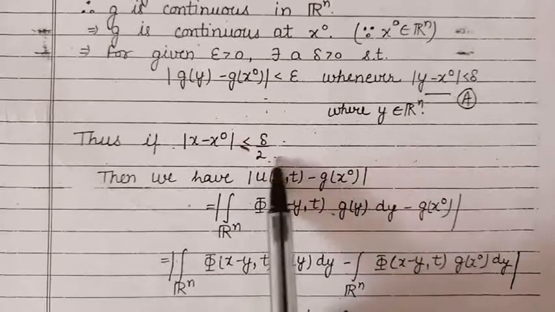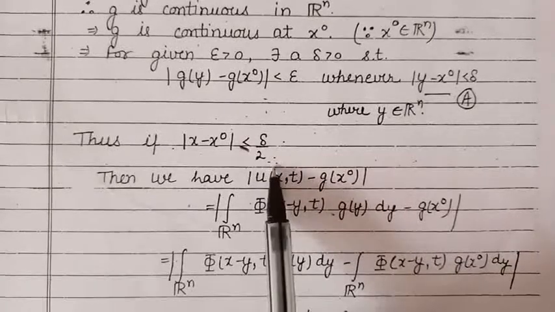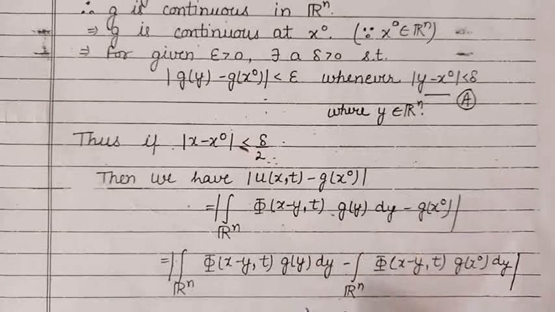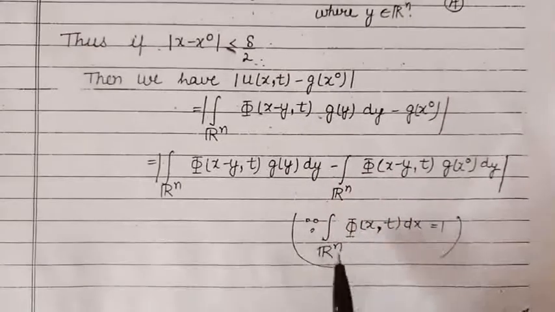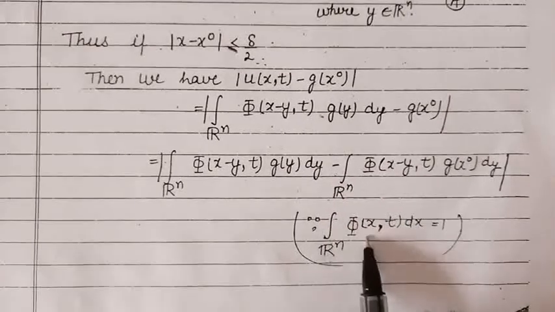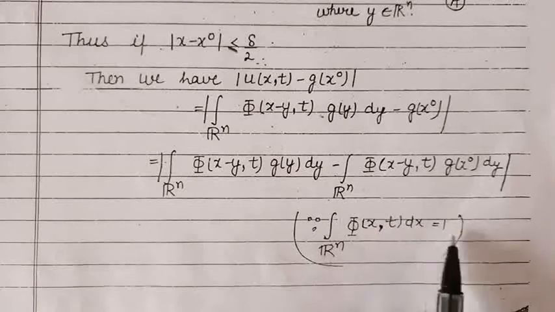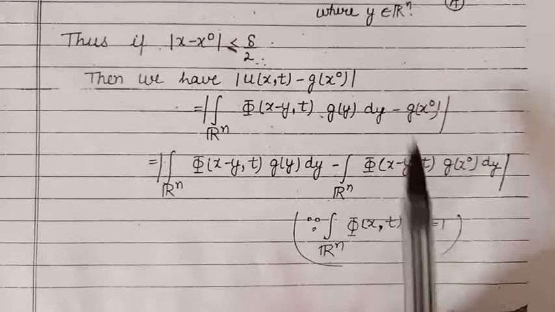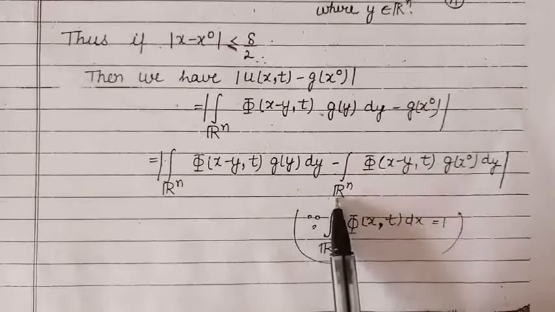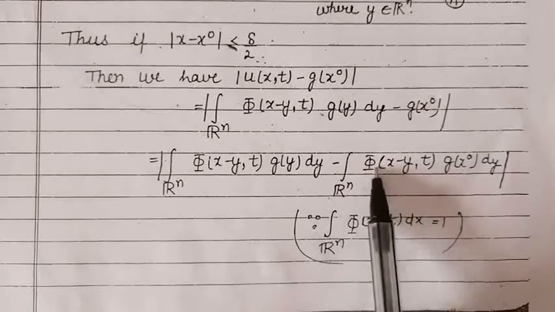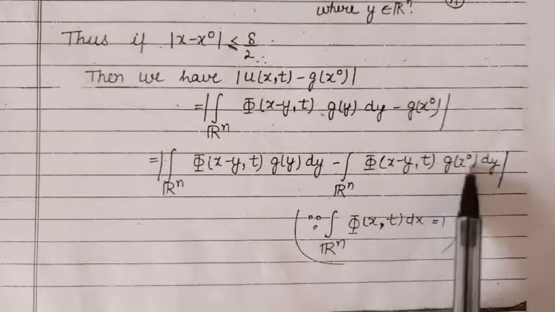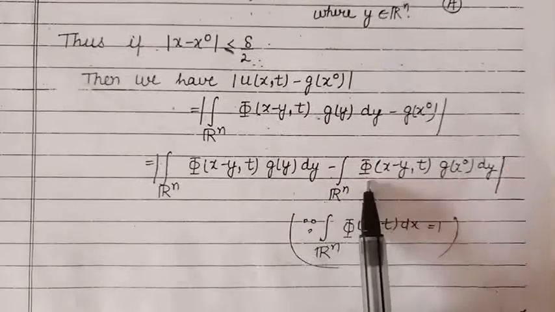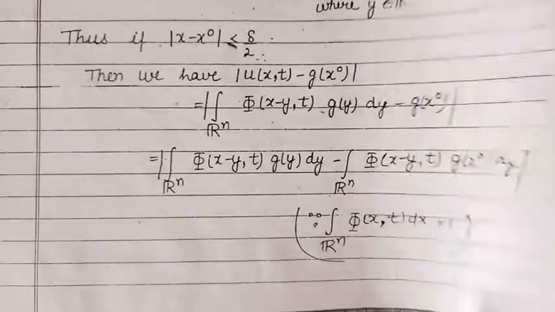Substituting the value of the function u which is given in the statement, and also yesterday we discussed that the integral of the fundamental solution of the heat equation is 1, this term can be written as the integral over Rn of the function phi into g at x0. Now we can combine these two integrals into one integral.